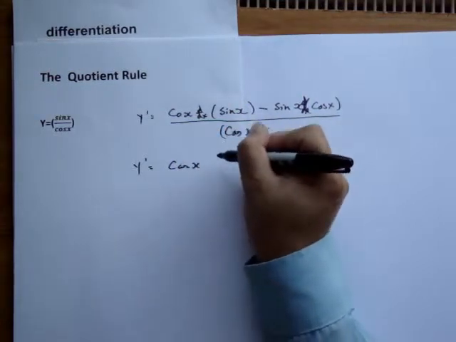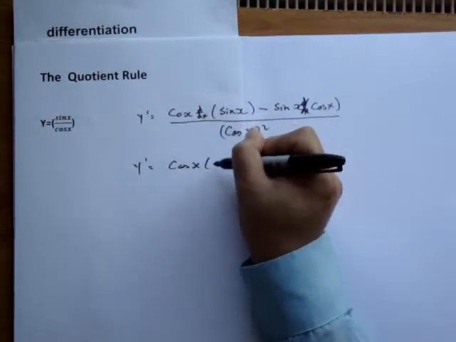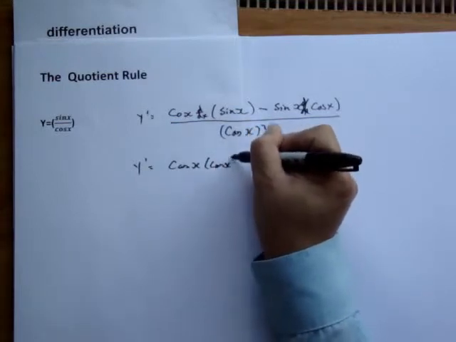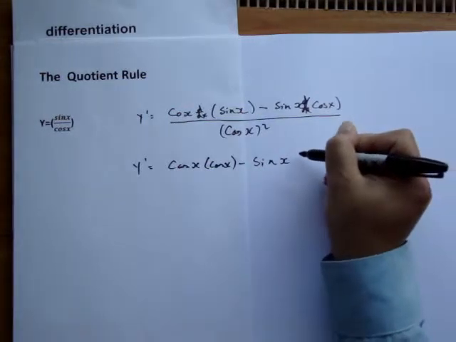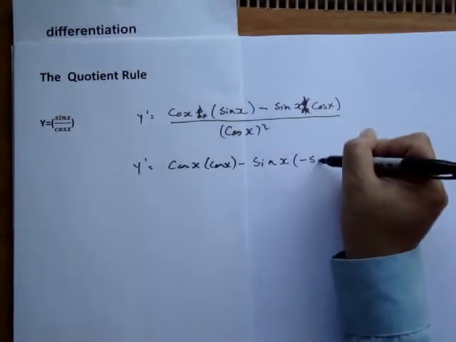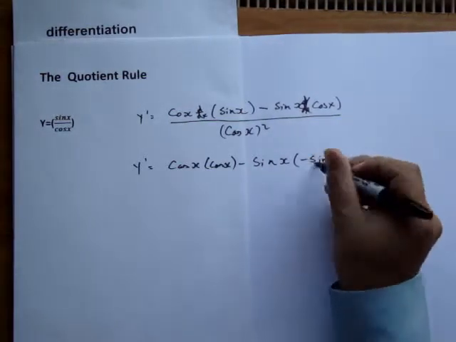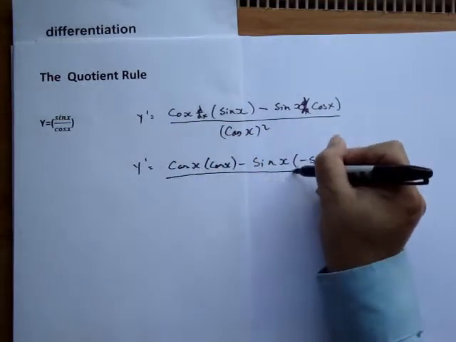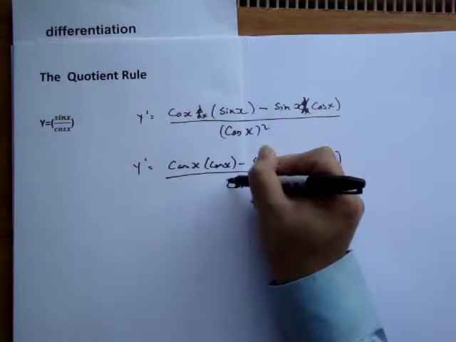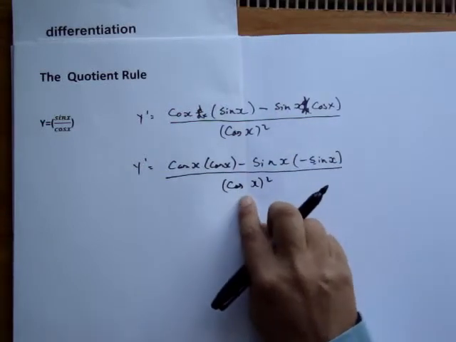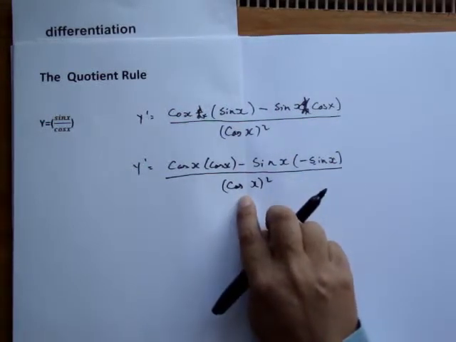cos x, derivative of sine x is cos x, minus sine x, and the derivative of cos x is minus sine x. Be careful with this minus sign, and all that is over cos x squared. Do not get the derivative of cos x squared.